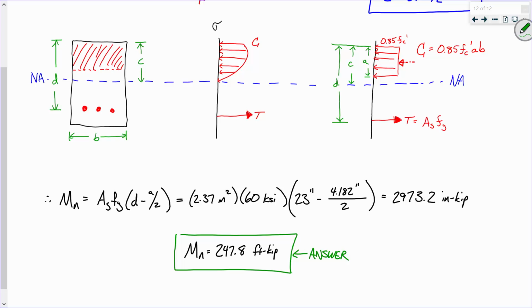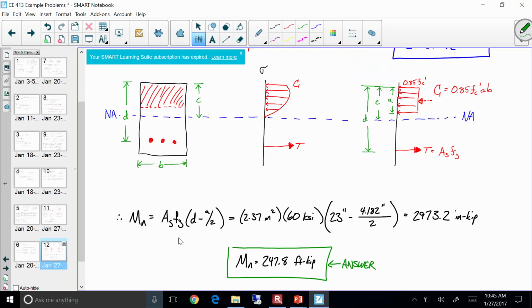In fact, the only reason it's not further down is because you have to have some degree of cover for things like corrosion. So it's got to be raised up a little bit so that the concrete can protect it against salts and the environment and things like that. Let's move on.